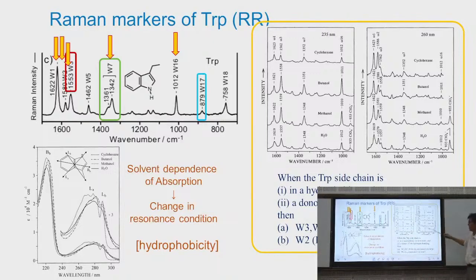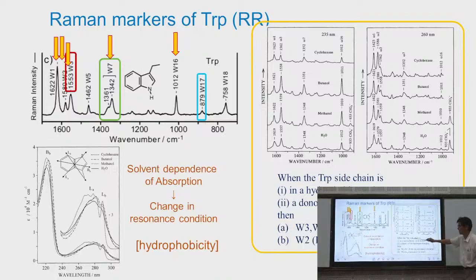So by this experiment, it is concluded that when the tryptophan side chain is in the hydrophobic environment and the donor of the hydrogen bonding, then W3 becomes large, W2 becomes small.